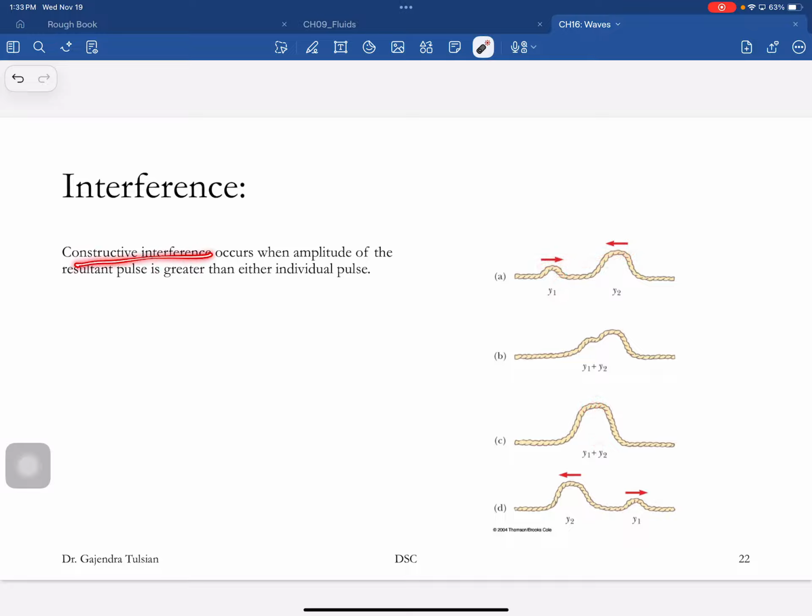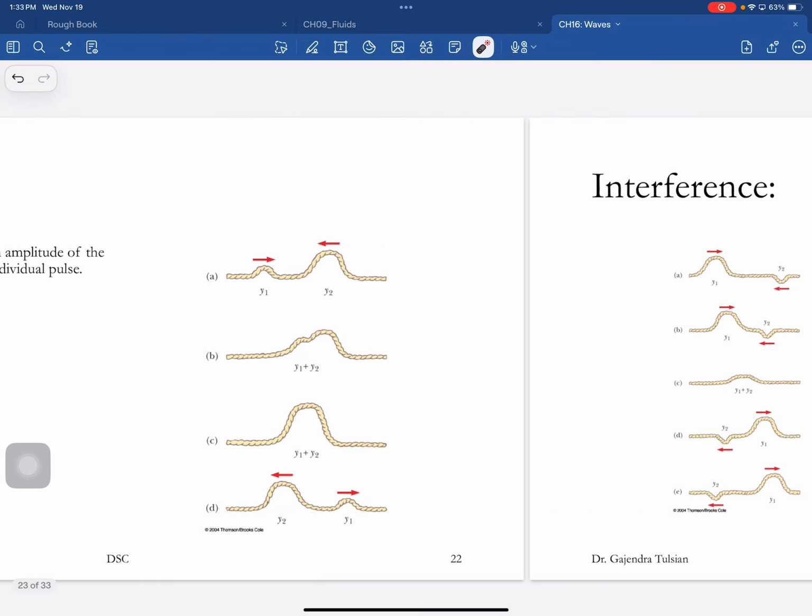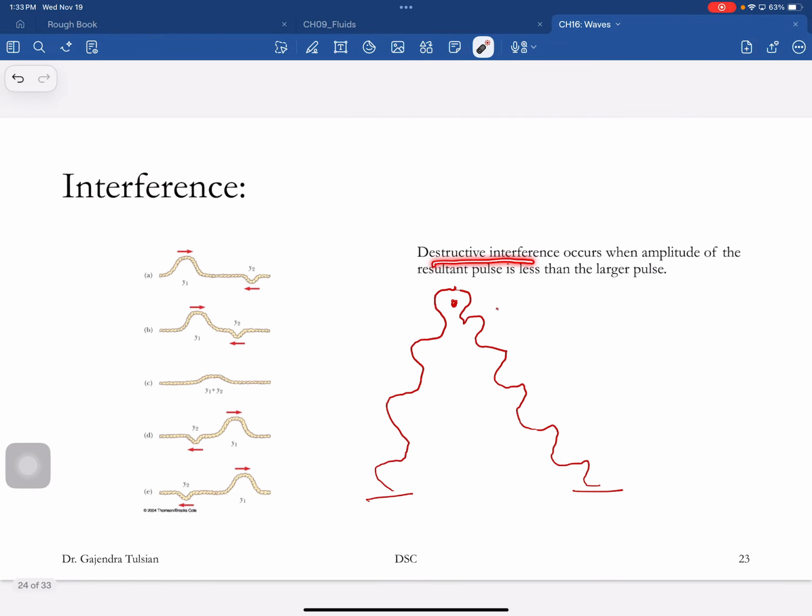That's constructive interference. Destructive interference occurs when you have waves of opposite signs interacting, and when they're at the same location, you see the resultant is smaller than the larger one. So this is smaller.